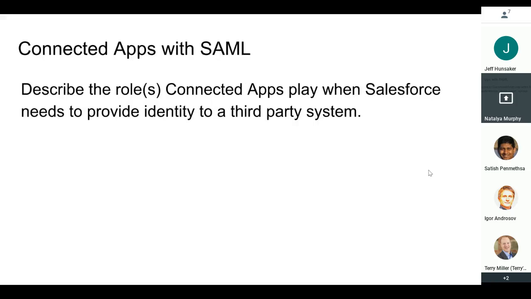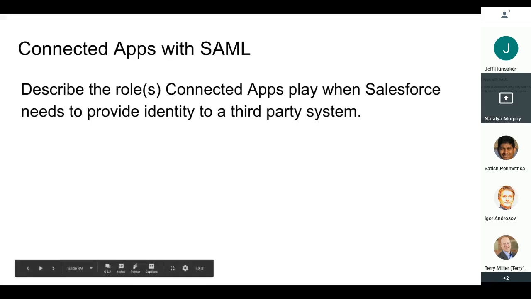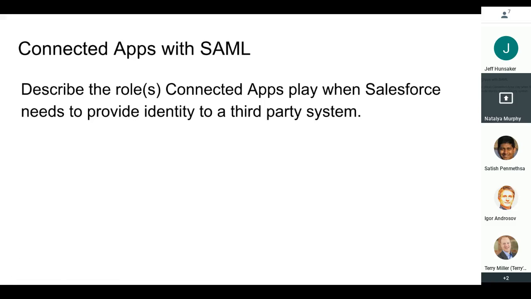All right. Connected apps. Describe the roles connected apps play specifically with SAML. What important configuration points deal with SAML and connected apps? On a web app, we can enable the SAML configuration where we could use a SAML assertion, right?